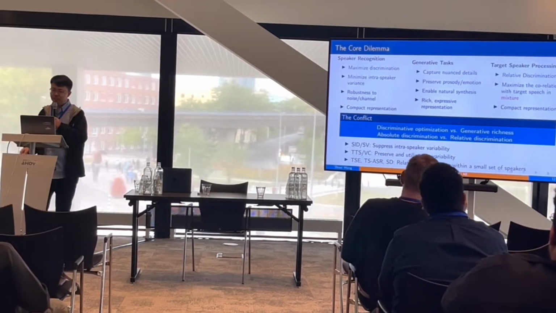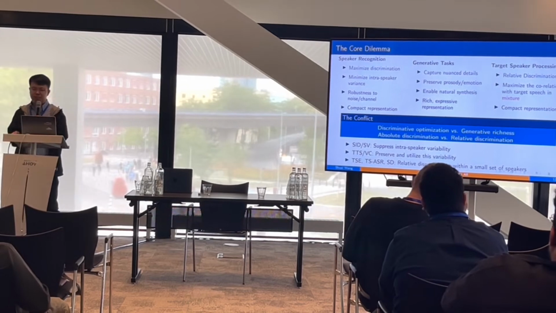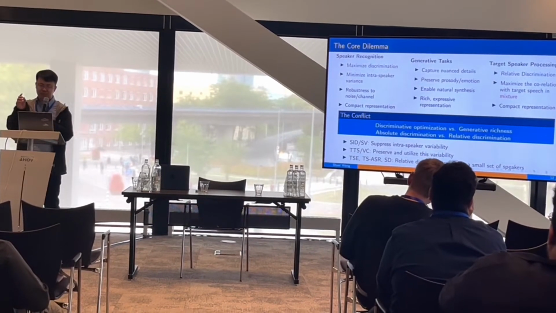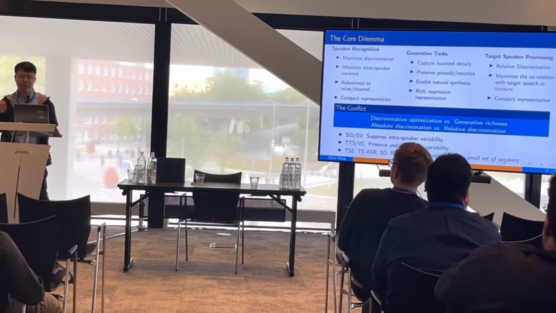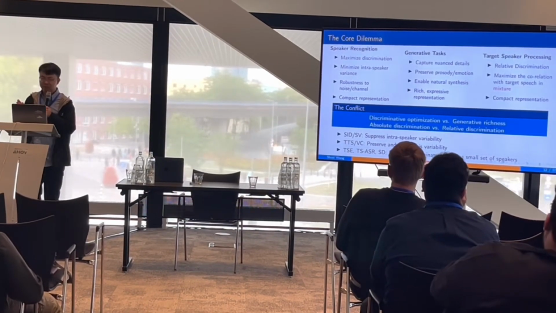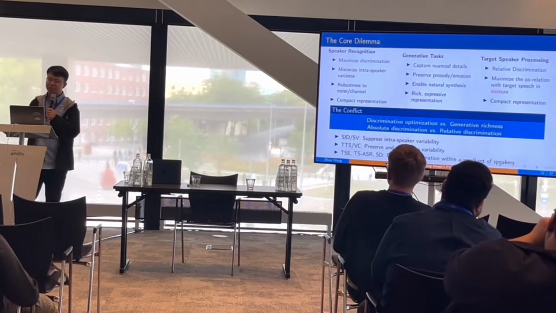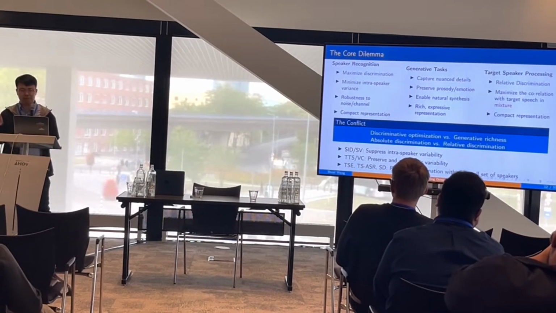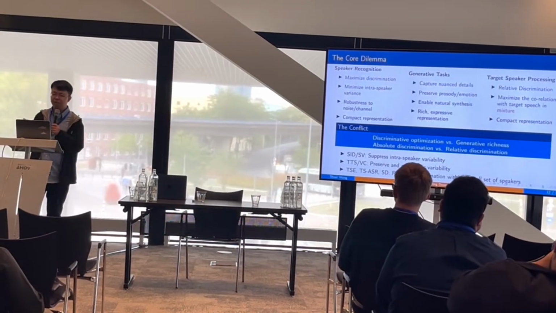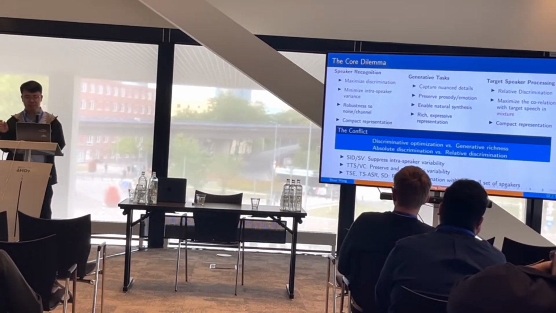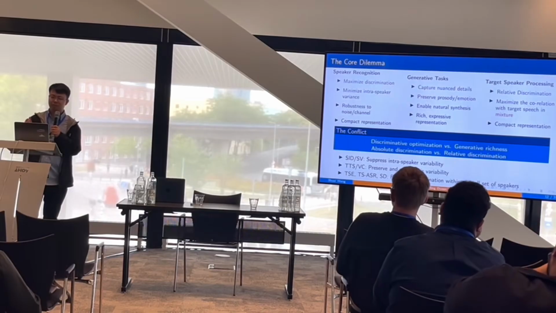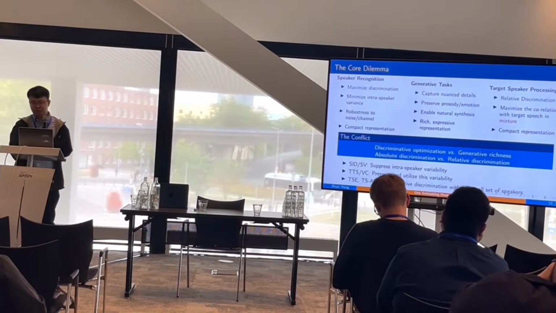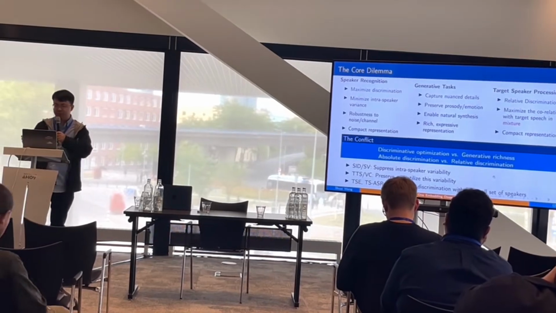But for target speaker processing, the relation to speaker recognition is this: in speaker recognition, we want absolute discrimination. But for target speaker processing in a mixture, it's really only two or three speakers. Maybe we don't really need absolute discrimination. We just want a relative one to discriminate the target speaker from the other background speakers.